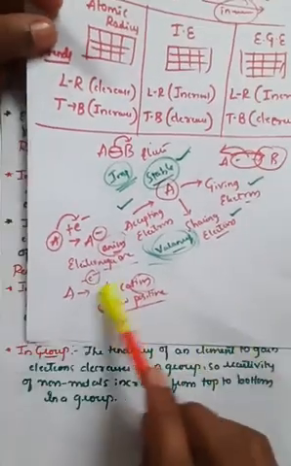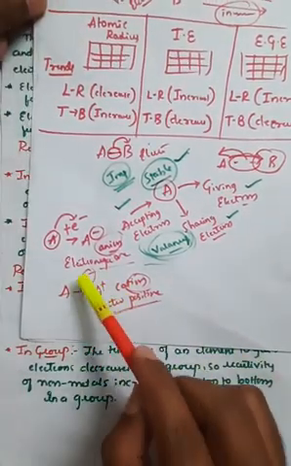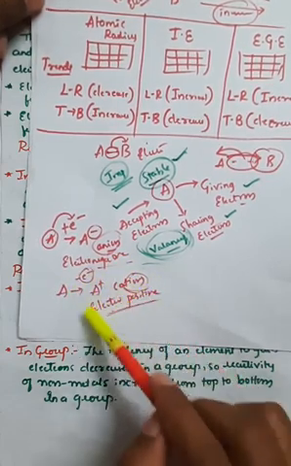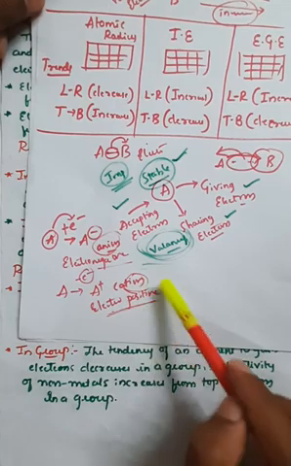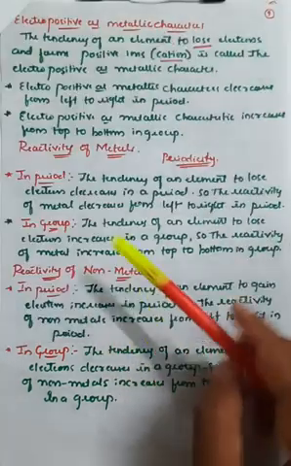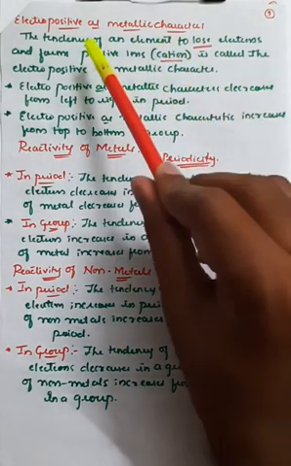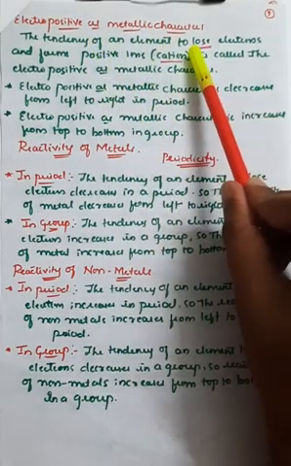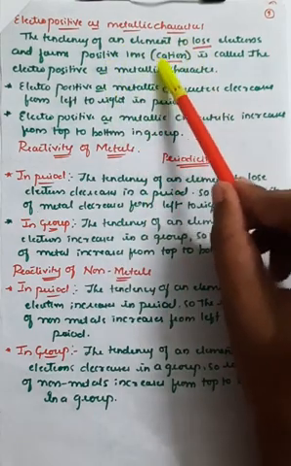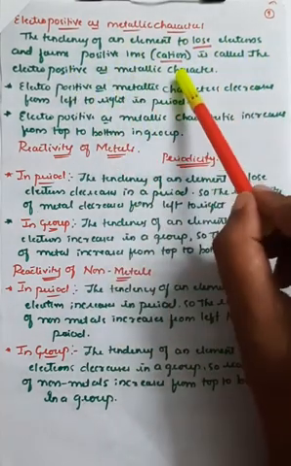So you can convert A into A plus by removing one electron, and it is converted into a cation. This process is called electropositive nature, or also metallic character. Therefore the tendency of an element to lose an electron to form a positive ion, that is a cation, is called electropositive or metallic character.